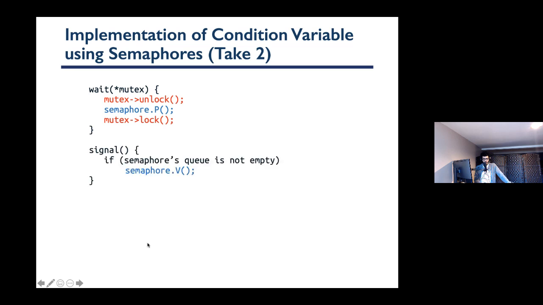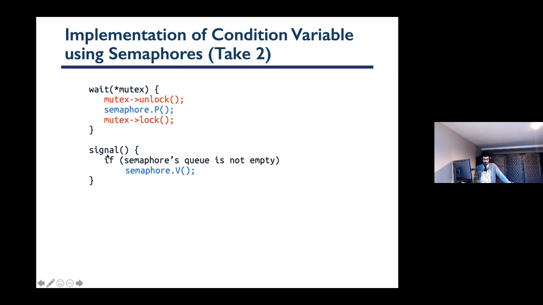Let's say magically we're able to check the semaphore's queue, and if nobody is in that queue, then we call V. Would this work? The answer is no, for two reasons. First of all, this is not possible.